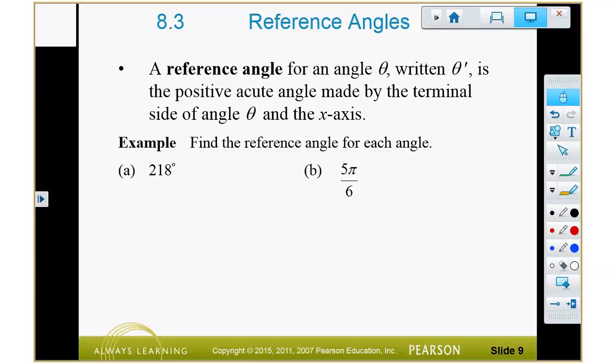A reference angle for an angle, written theta prime, is the positive acute angle. Which one's acute? 218 minus 180 or 360 minus 218? 218 minus 180, which is 38 degrees.